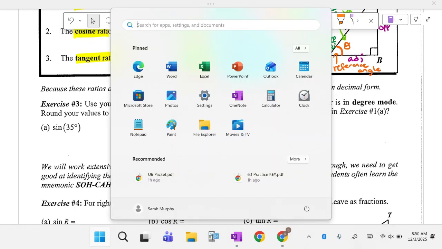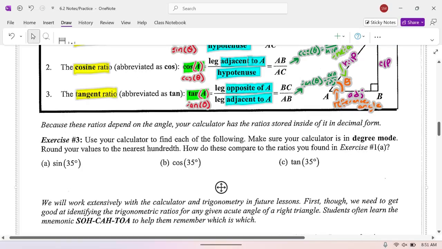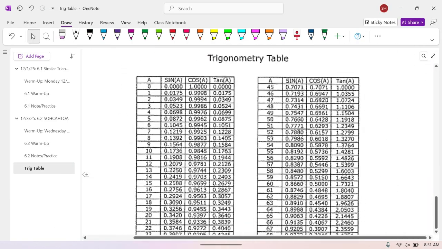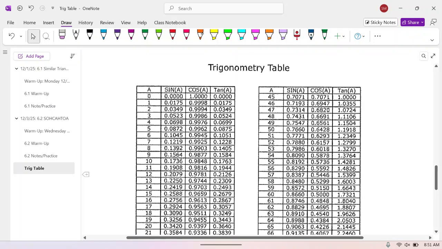This is what's called a trig table. How it works is that your A value is your angle measure.